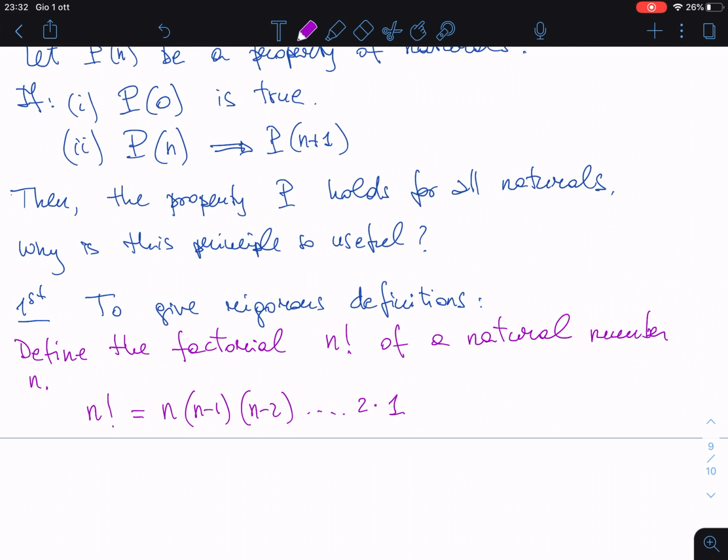So it is the product of all numbers from 1 up to n. This is the factorial, it grows very fast, faster than exponential growth, and so on. Good.